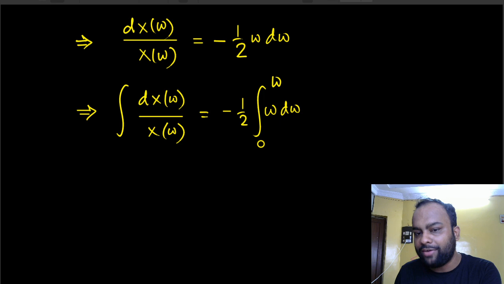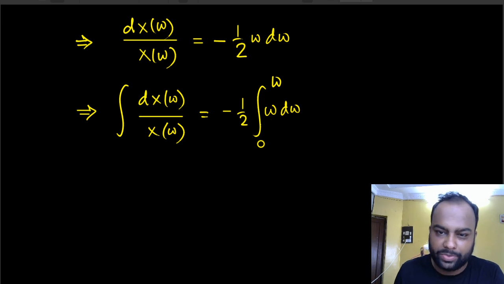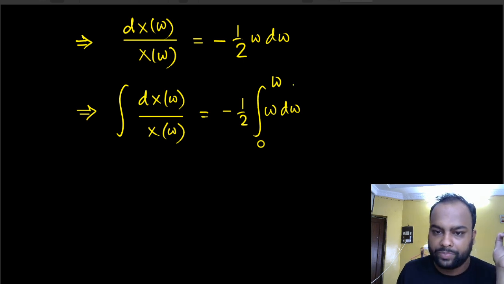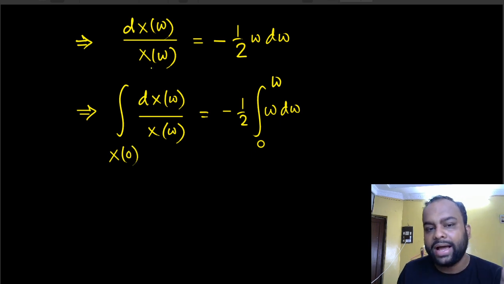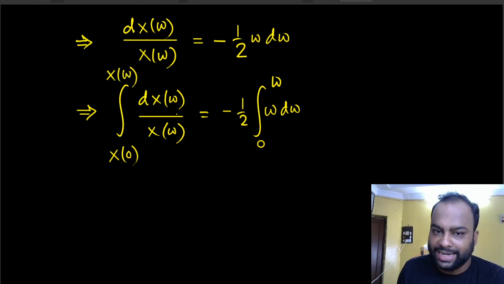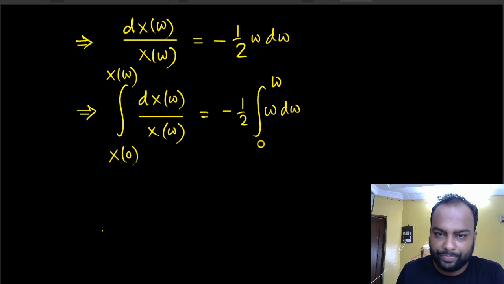Again, we should have used certain dummy variables, but let's break mathematics for a little bit. The bounds of integration here are from 0 to omega. When omega is 0, the value of X(omega) is X(0), and when omega is omega, the value is X(omega).